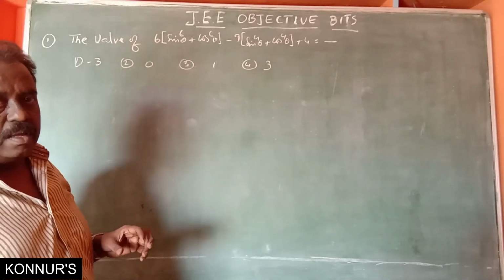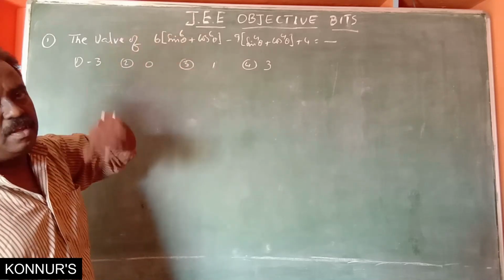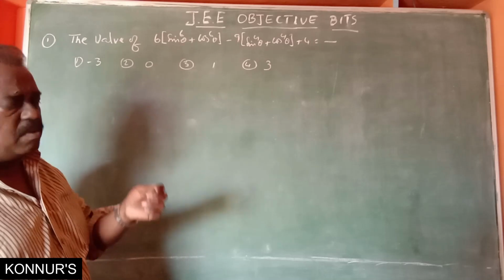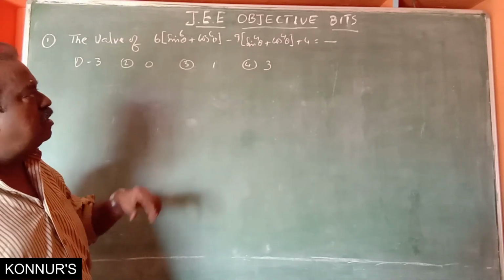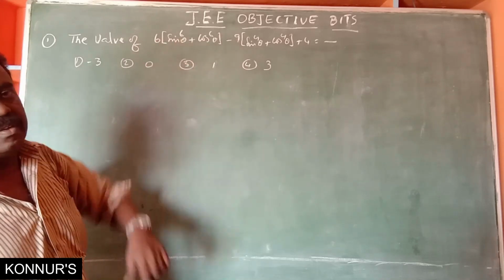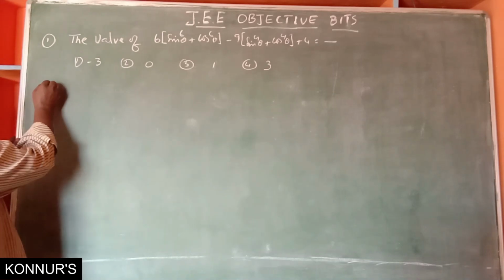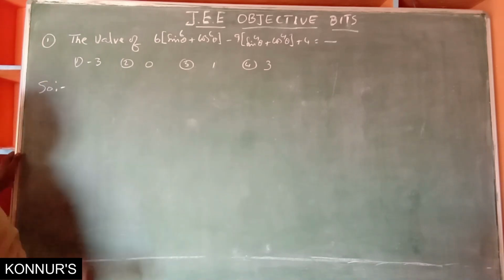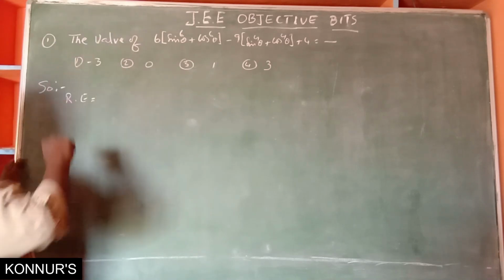But while we are solving the problems in the JEE exams, we are given very little time. In that time, in 1 minute, we have to solve all these problems. You see, the solution, observe. RE means the required expression.